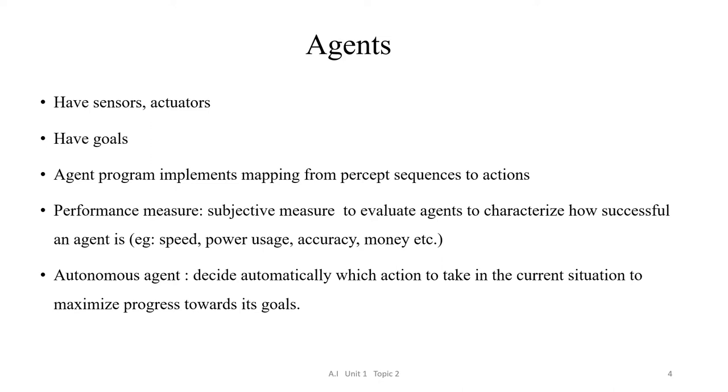For example, it can be measured in the form of speed, power usage, accuracy, money incurred, etc. An autonomous agent decides automatically which actions to take in the current situation to maximize progress towards its goals.